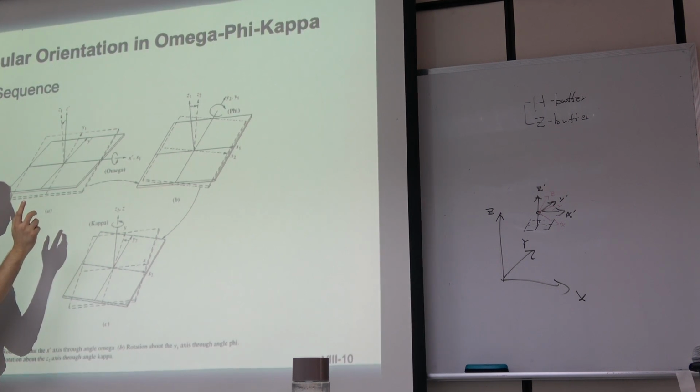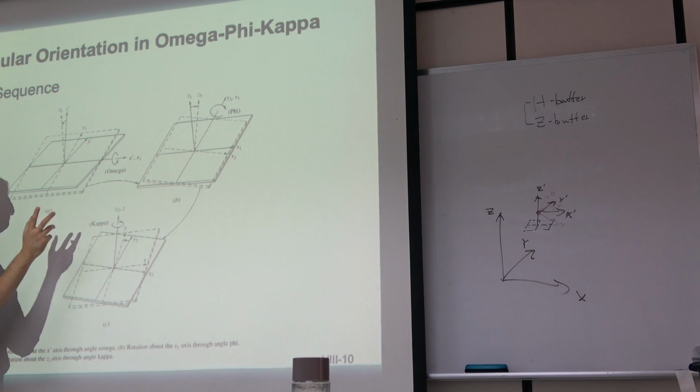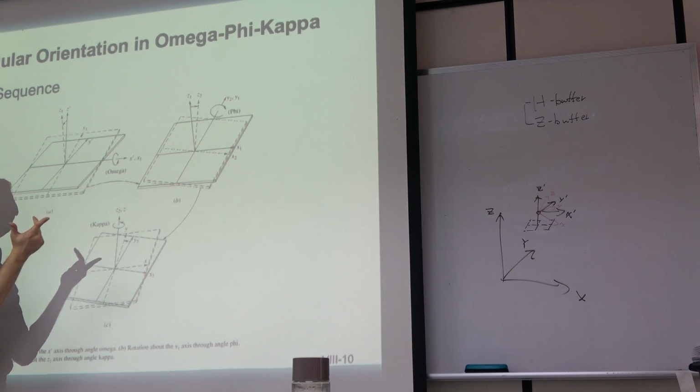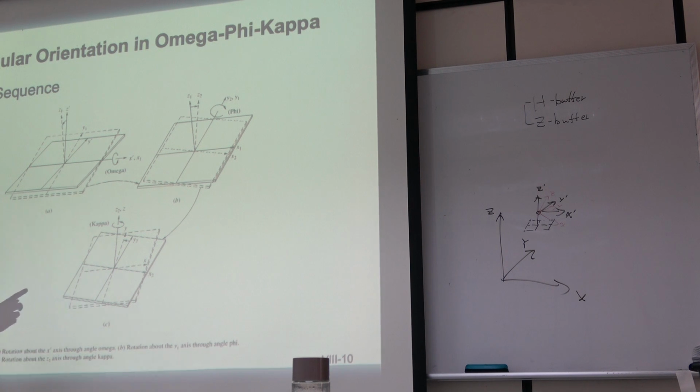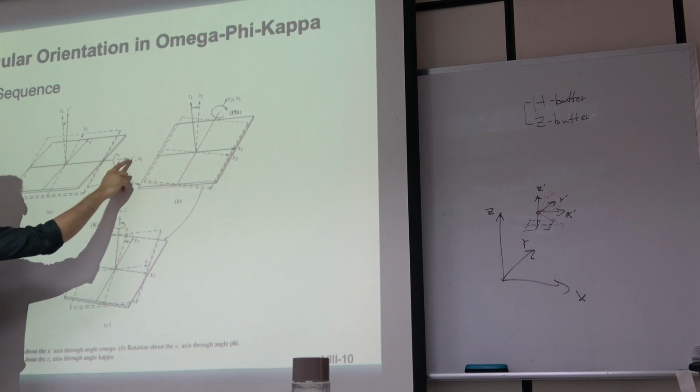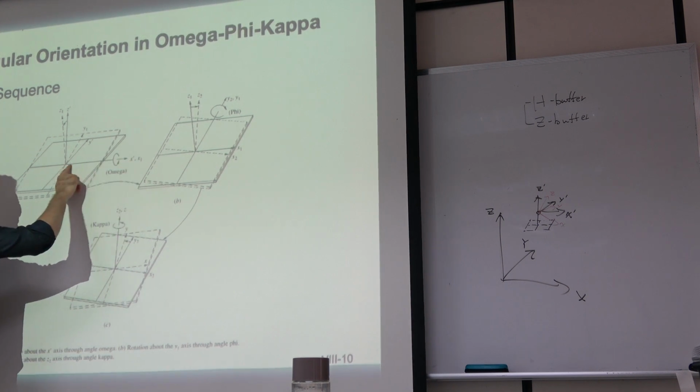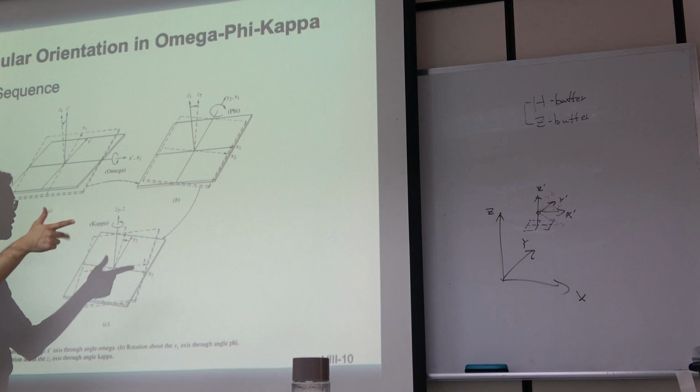As you can see, among these three axes there's one axis that doesn't change if you rotate omega, which is what? The x-axis, right? So the x-axis is the same as x1, because you are rotating along the x-axis.